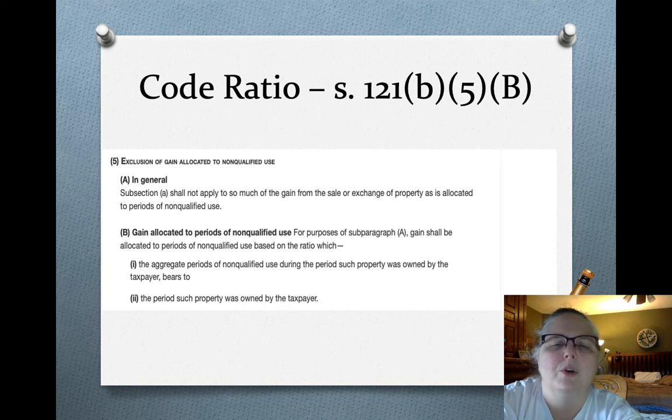So what we're doing is we're trying to figure out a fraction here, which is division. So if you own the property for 10 years and you had 2 years of non-qualified use, the ratio is 2 over 5, so you would multiply the gain by 2/5.